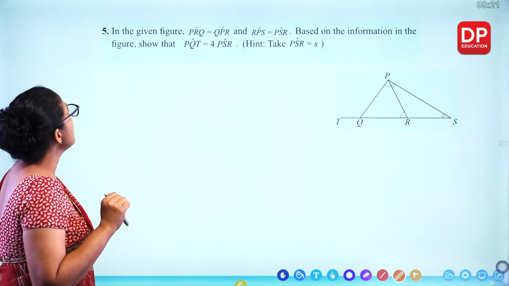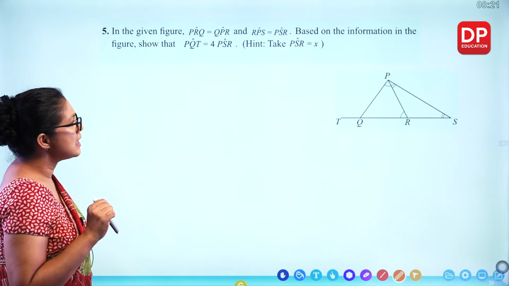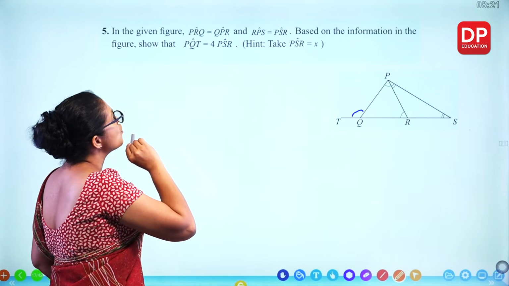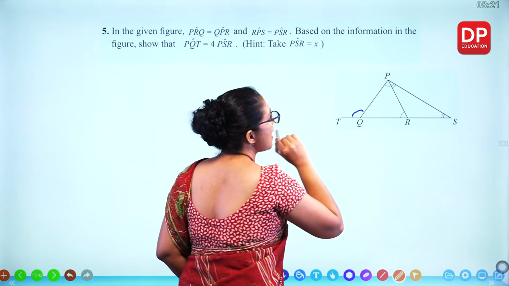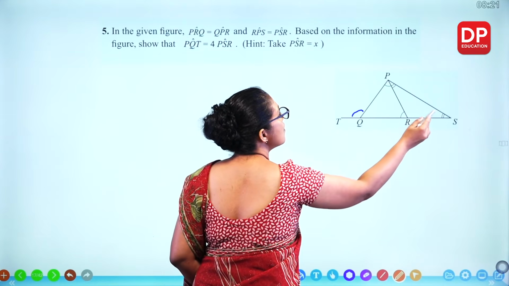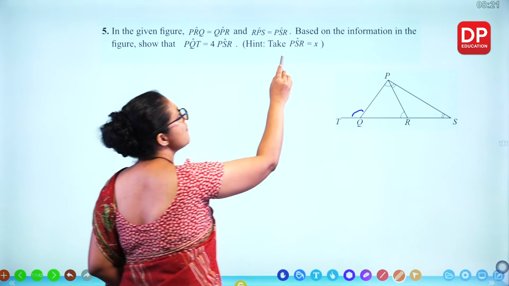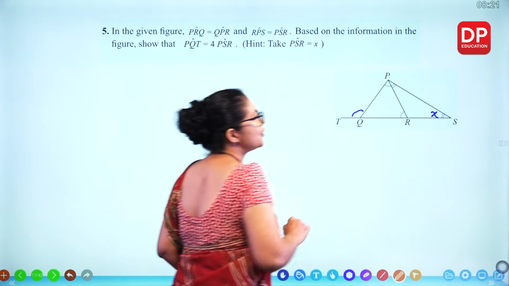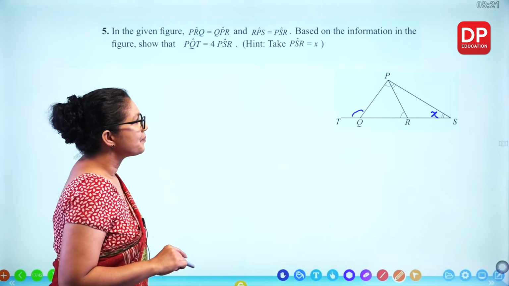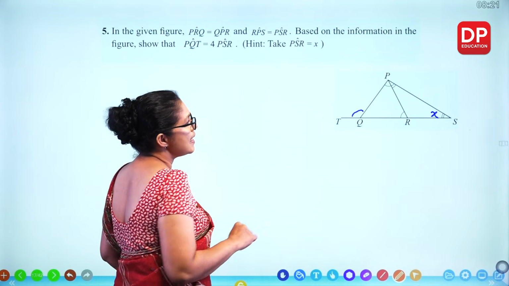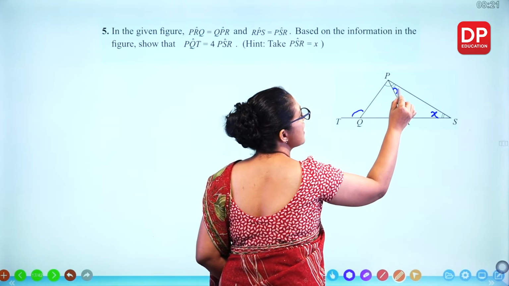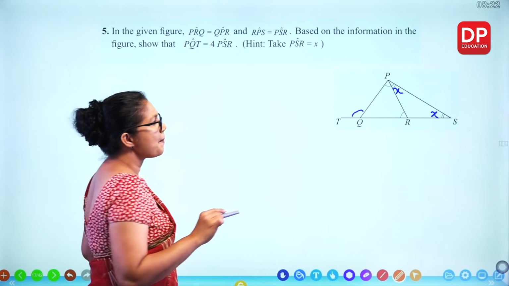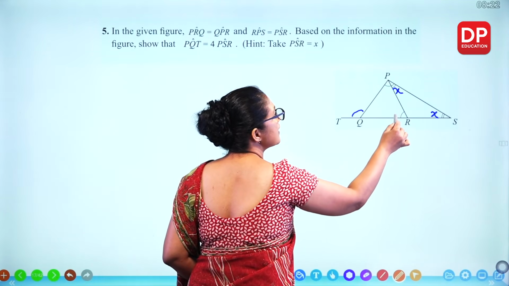Based on the information in the figure, show that PQT, this angle, is equal to 4 times PSR. 4 times this angle, but they have given PSR take as x. So I'll take this one as x. And I can see this angle is equal to this angle. So I can take this is also x. Then how can I write this angle?